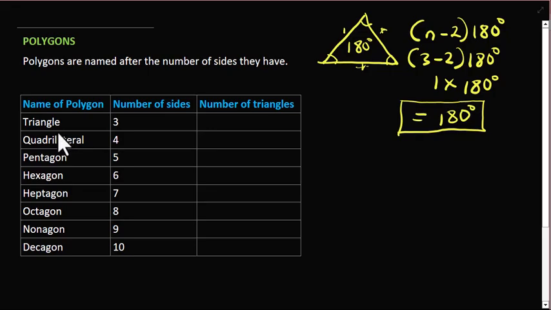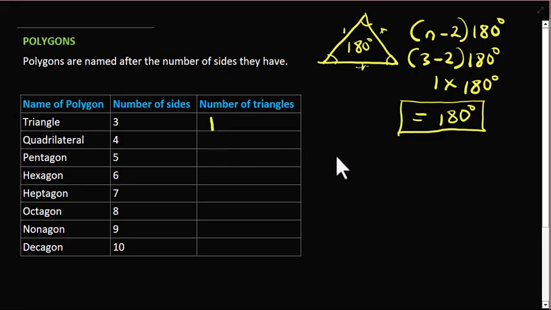I just wanted us to think about this and reason it logically, the way I'm doing right now. So the number of triangles here is 1. Yes, we have one triangle inside this kind of polygon. The polygon that has 3 sides has one triangle, which is the same thing as 180 degrees.